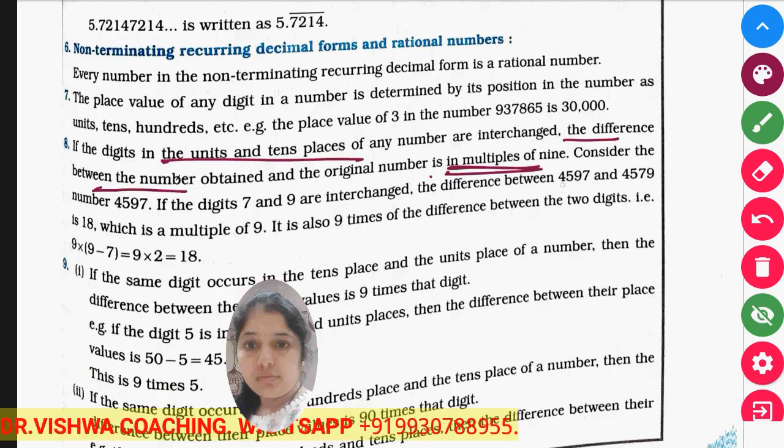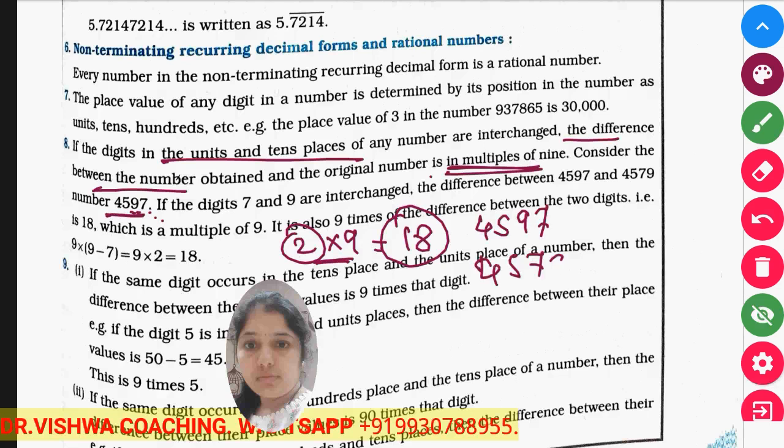Now they had given the example. Now see, 4597 is the given number, and if we interchange the position of 7 and 9, the difference in the digits is 2. Okay, so 2 times 9 is 18. So the difference between 4597 and 4579 is 18 only.